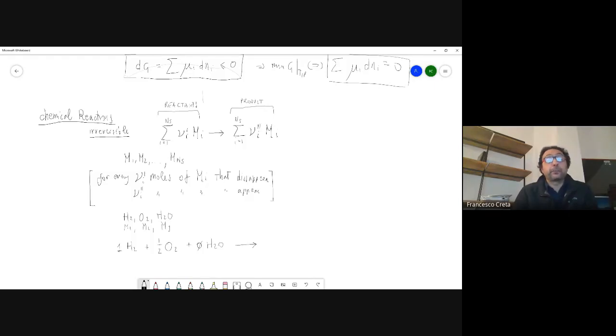So I've also added the product here. Usually H2O is considered as a product, but I'm following this general sort of notation here. So I'm adding all of the species on the left and all of the species on the right, okay? And on the right, I still have the products, but in 0 quantity, so 0 moles of H2, 0 moles of O2, okay, and 1 mole of H2O.